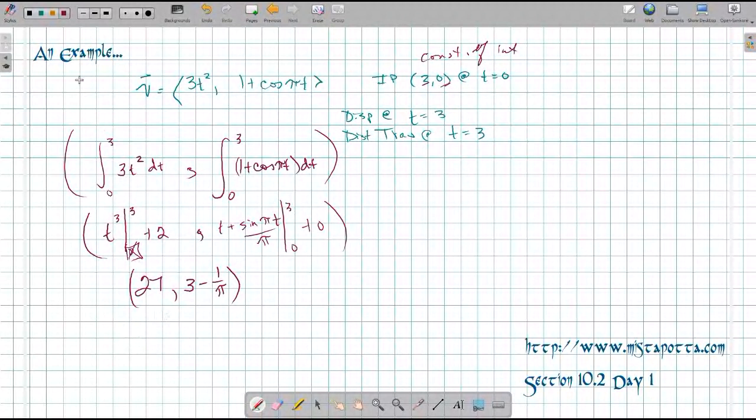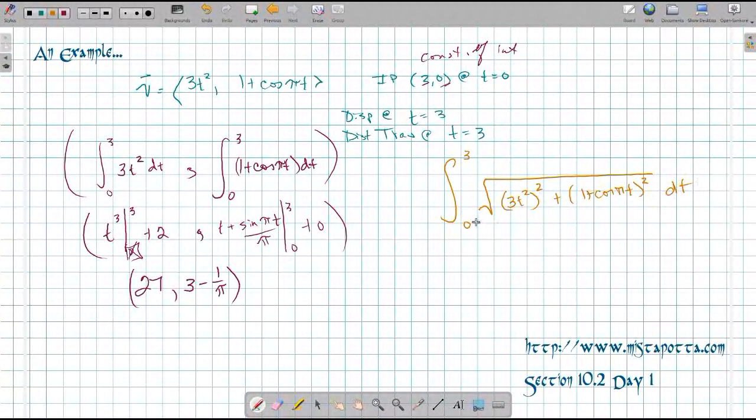But now I can also find the distance traveled, and my distance traveled is going to be the integral from 0 to 3 of the square root of (3t squared) squared plus (1 plus cosine pi t) squared dt.